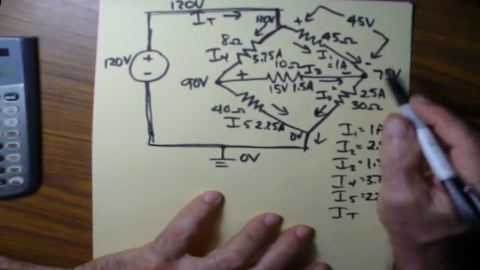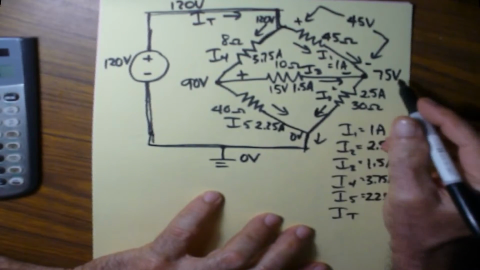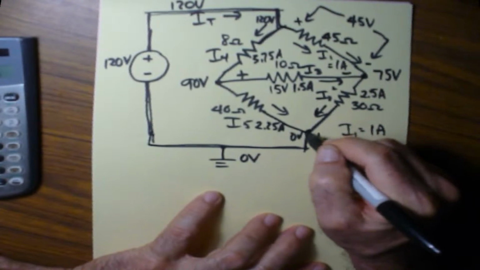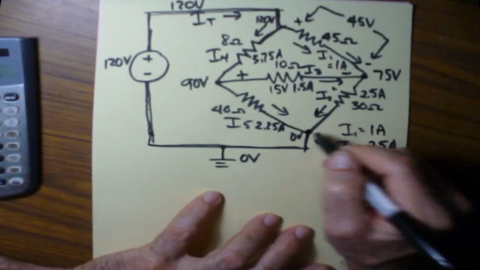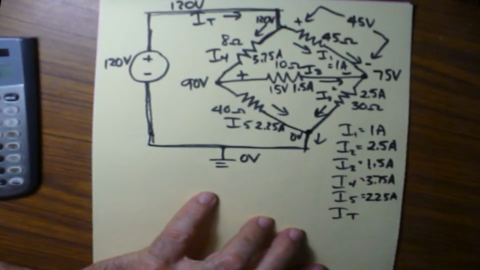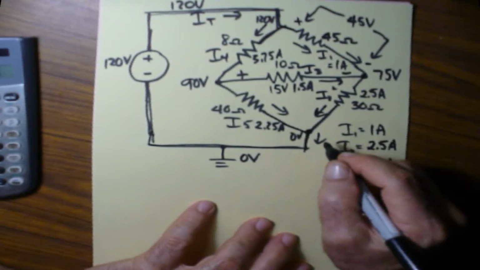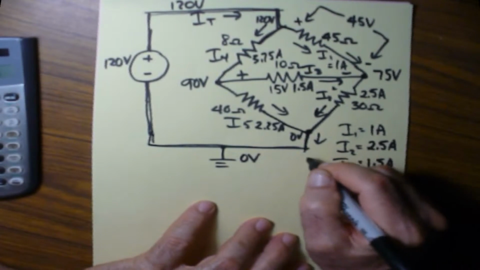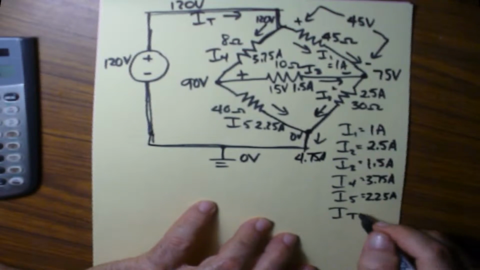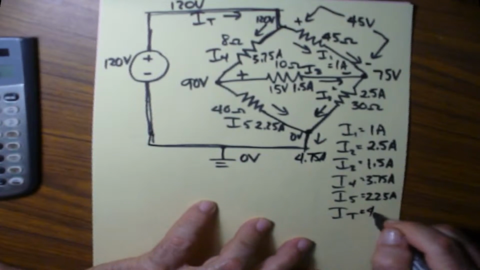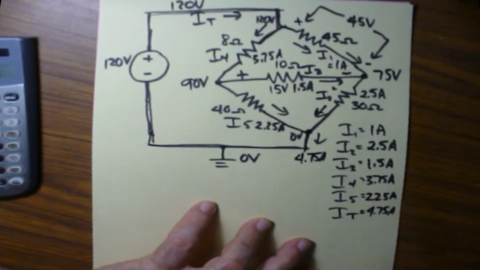I've got 2.5 coming into this node from over here, 2.5 coming this way, 2.25 coming up this way. That gives me this current right here, which is going to be 4.75 amps. That's going to be the total current, 4.75 amps.